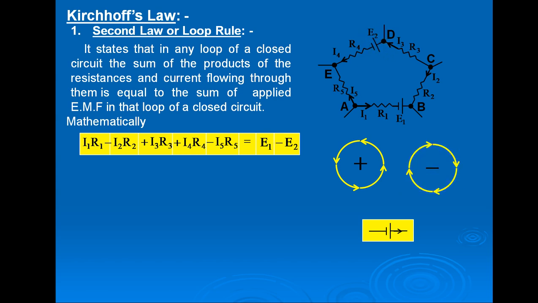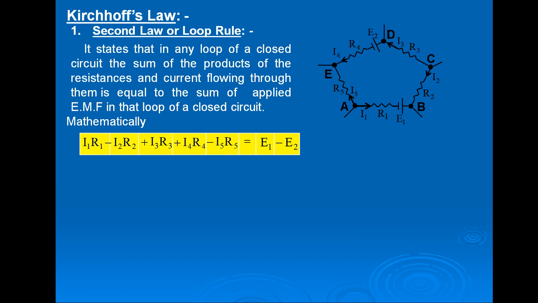Therefore, I1 R1 minus I2 R2 plus I3 R3 plus I4 R4 minus I5 R5 is equal to E1 minus E2.